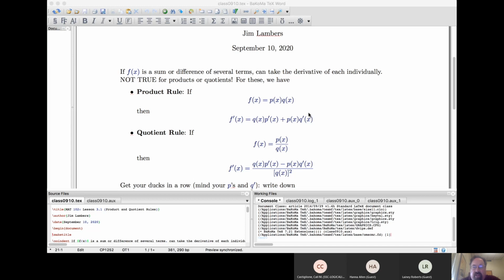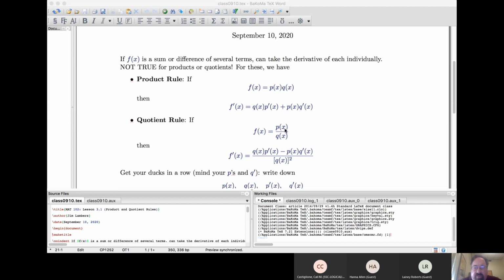Here we have p times q prime. A lot of times students will make mistakes, like they'll differentiate the wrong function, or they might have both p prime and q prime in the same term. Remember, here you differentiate one of the two functions, and then you're putting a shoe on the other foot for the other term.